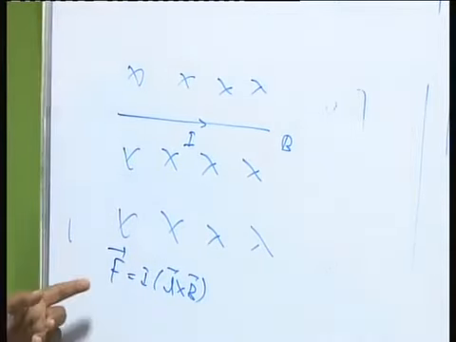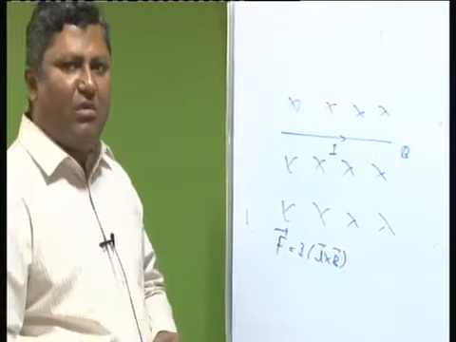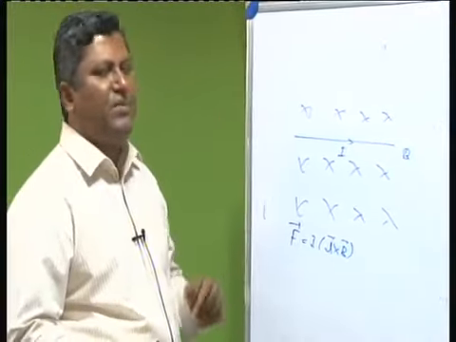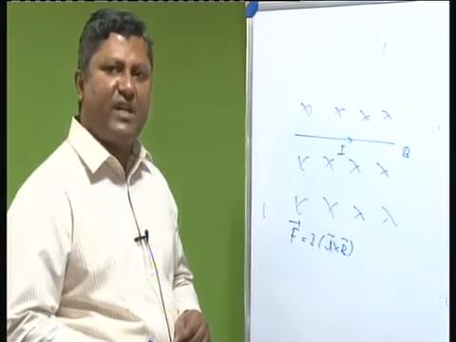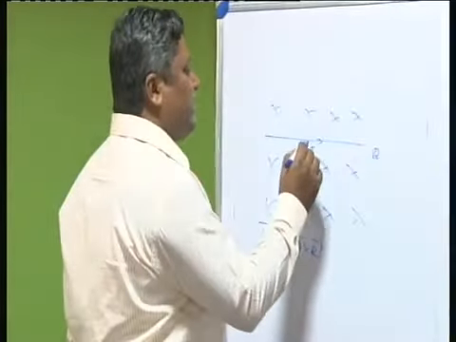Again this expression shows that the force is perpendicular to the plane containing the length vector and the external magnetic field. But in the diagram, how to show the direction of force? Remember students, force must always be shown at the position of the center of mass. If the conductor is symmetric, then the direction of the force must always be shown at the position of the center of mass. First we will find the direction of magnetic force using Fleming's left hand rule.